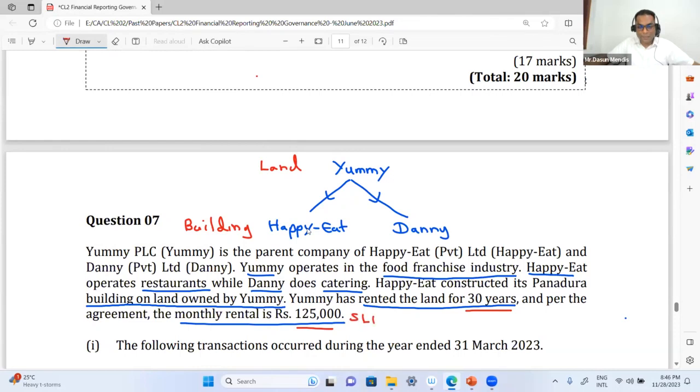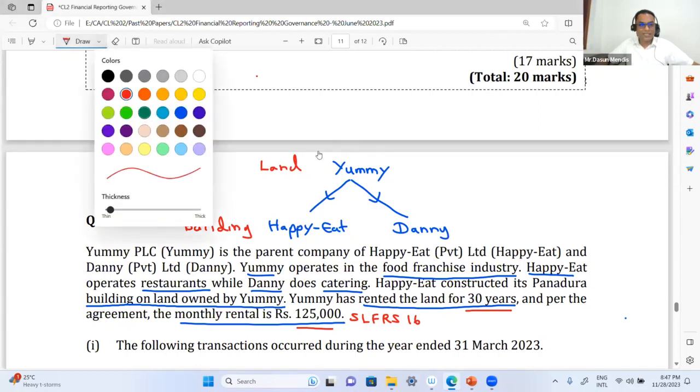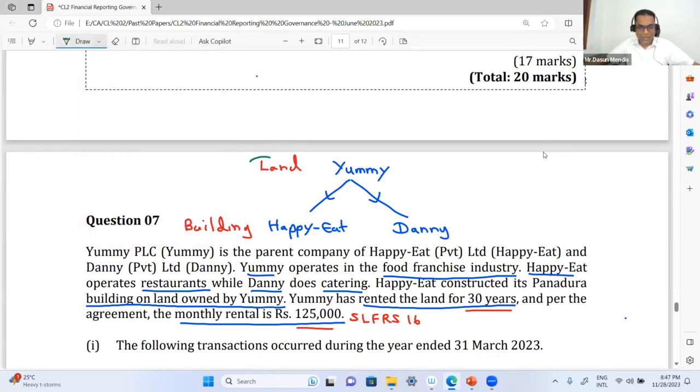SLFRS 60 is applicable because these are what? Obviously, related party transactions are applicable. What I'm telling is for this rental arrangement, giving the land for 30 years to be used by the subsidiary, and the subsidiary is paying monthly rental, what Happy has to do is recognize a lease liability on this particular arrangement, in this particular land, right?